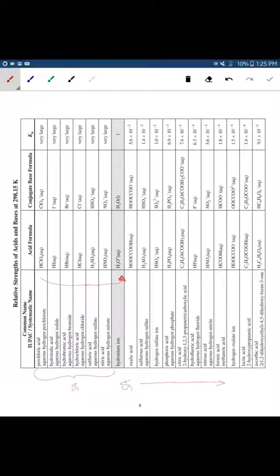Now, again, just because something is classified as an acid, the only ones that are strong are in fact these 6, meaning that they dissociate nearly 100%. So the other things that I like to remind my students of on this page here, first of all, is that Kw equals Ka times Kb.